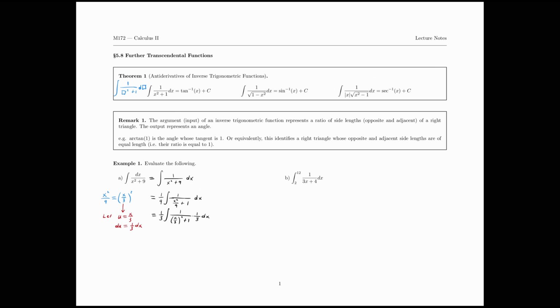There we go. So now we have this term collectively that will become our du, and this term here will become our u.